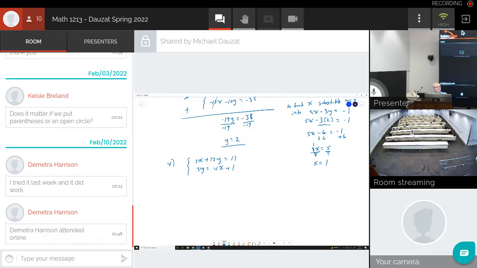What's different from number 4 versus the other 3? The x's and the y's are not aligned. So remember step 1, if you go back to step 1, it says line up the x's and the y's.